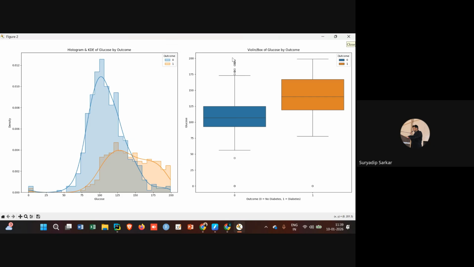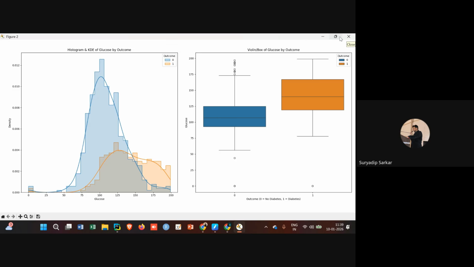Within the normal non-diabetic people, there are several outliers here. This is also biologically valid, because personally, I know a lot of people who keep eating sweets and have very high blood glucose levels, but have never been diagnosed with diabetes mellitus. I don't know how that is possible, but this has come up in research a lot. So this is something we can expect to see in our data.